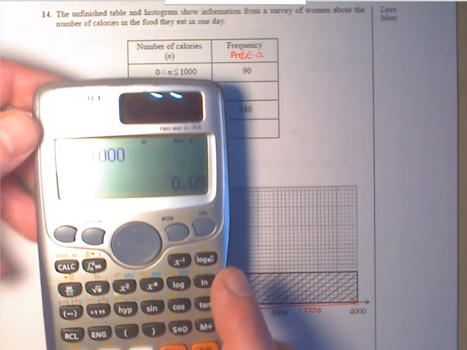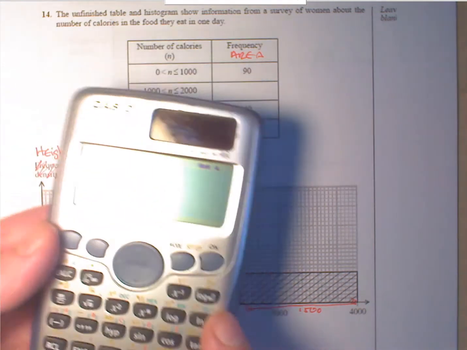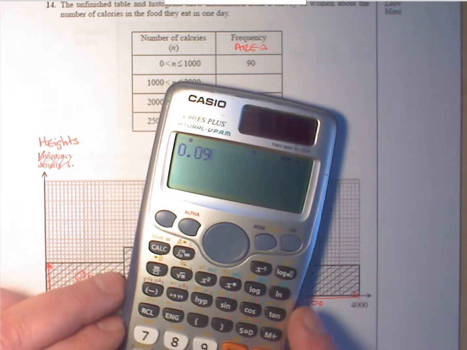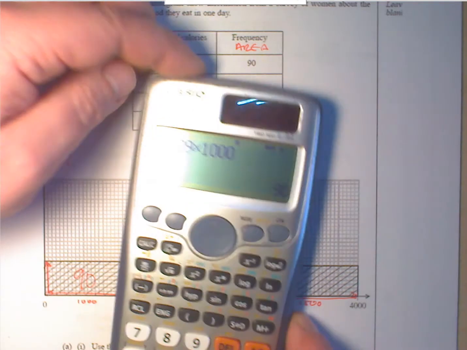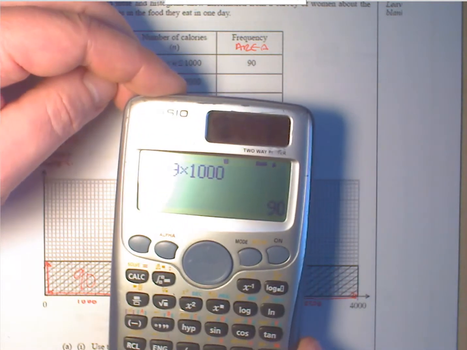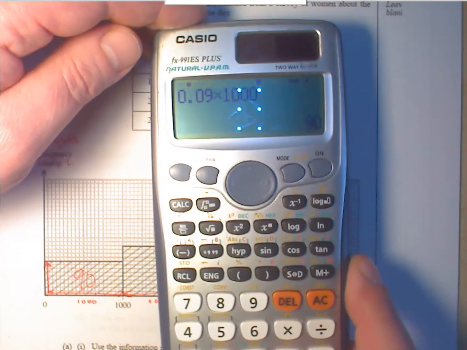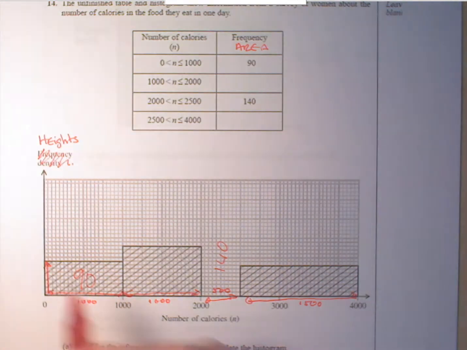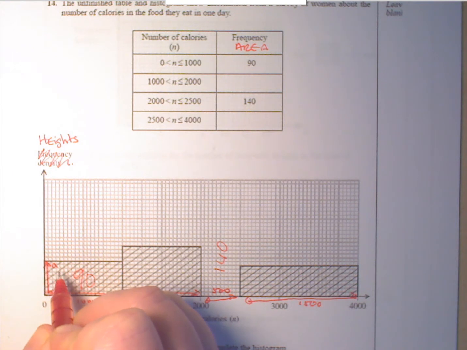And if I do 0.09 times 1,000, that gives me 90. So that was a good guess. So this is going to be 0.09.